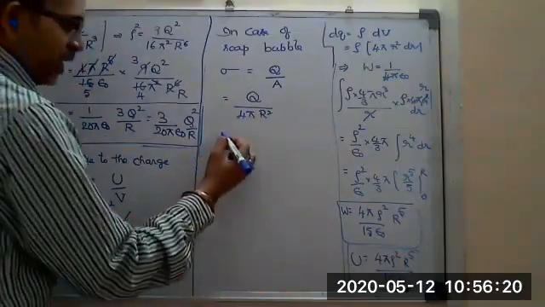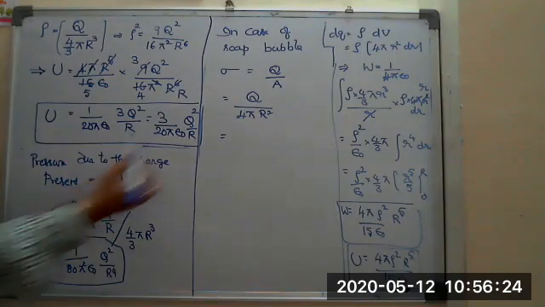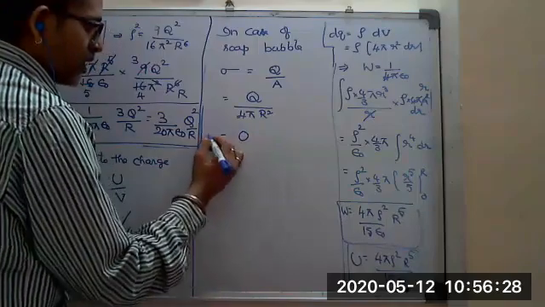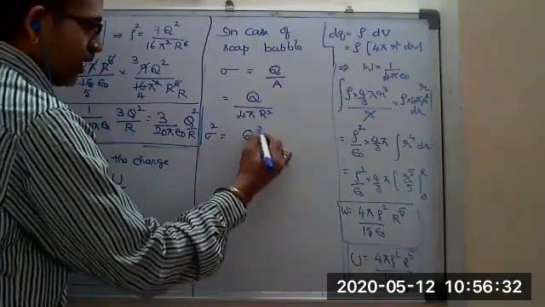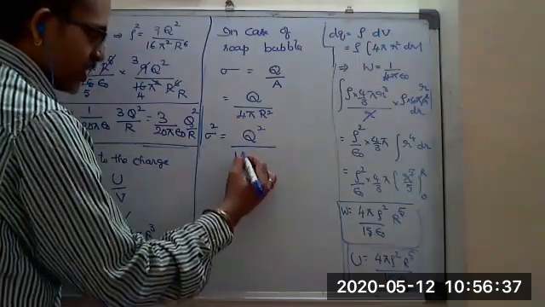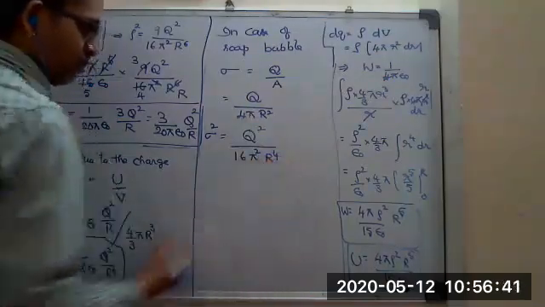Take sigma square, which is Q square by 16 pi square r power 4.